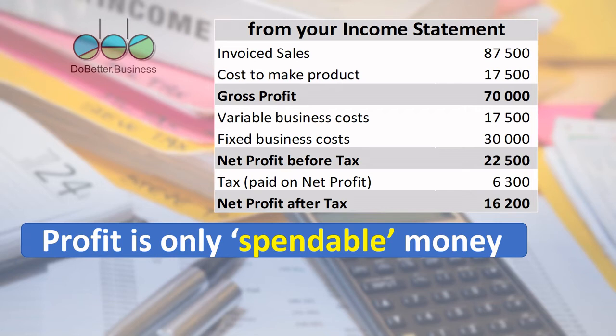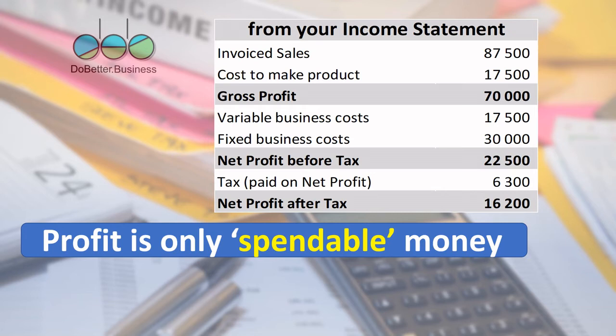When you subtract from your gross profit your variable expenses and your fixed expenses for the month, you're left with your net profit. But of course, we said we still have to pay tax. So your tax is calculated on your net profit before tax. Subtract your tax from your net profit and you're left with your net profit after tax.